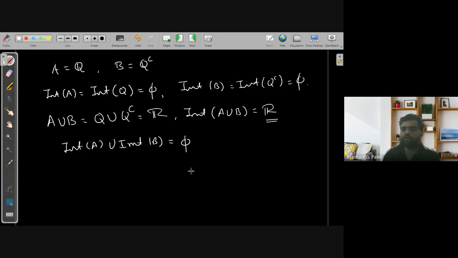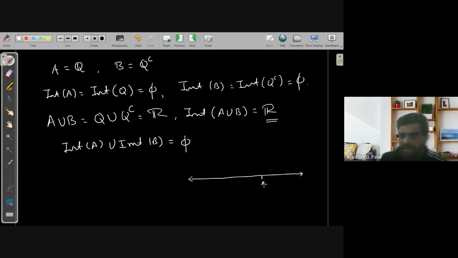You just look at the definition of the interior point and use the rational density theorem, which you have learned in your Analysis 1. Take any point x.